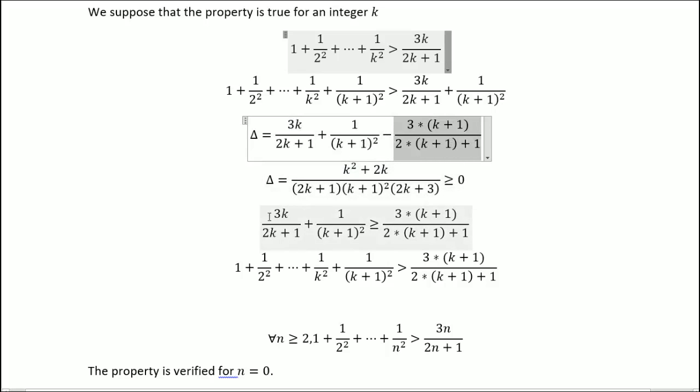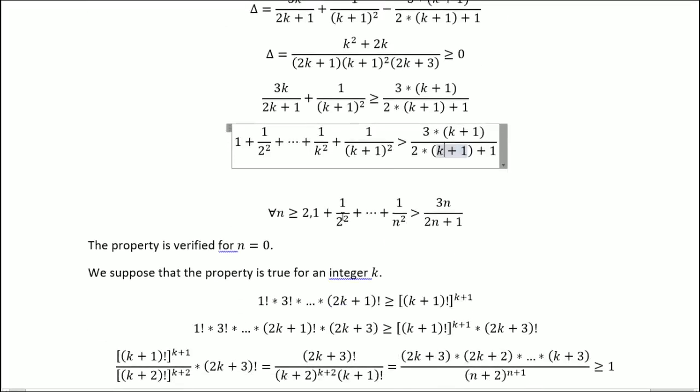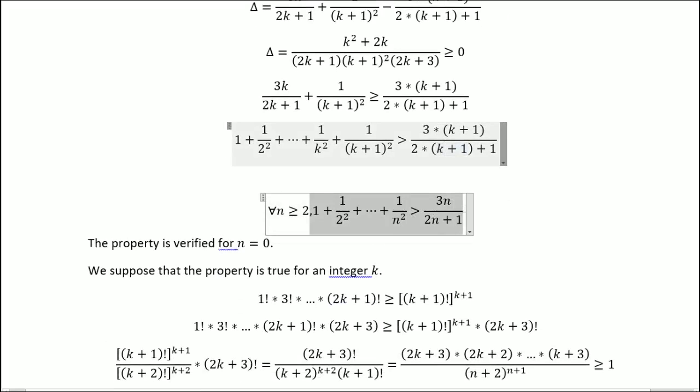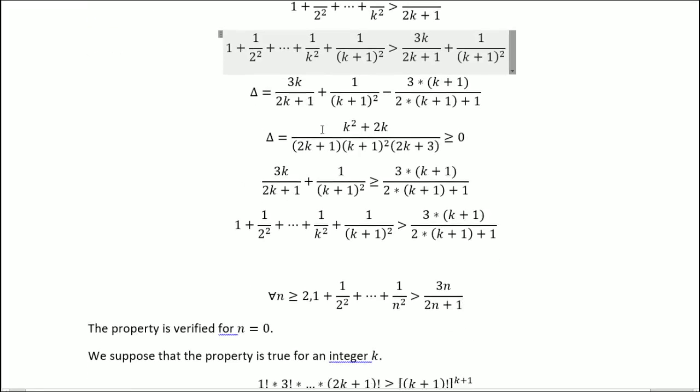So I do this inequality, and then I just replace in the original equality, and I get the truth for the next rank. So the property is verified for n equals 0, and so oops, that's for the next question. But so the property is proved for all n superior to 2.